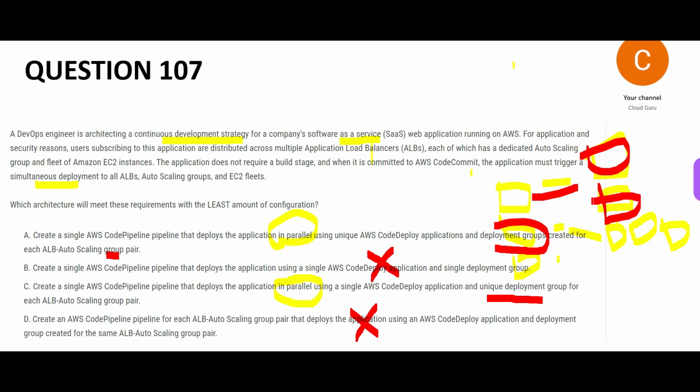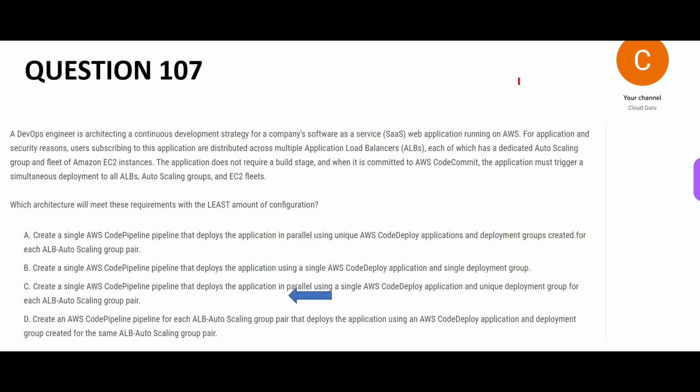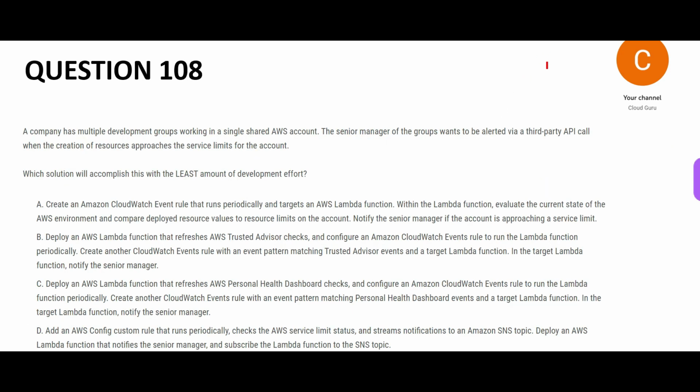You need a unique deployment group for that, because this is a different EC2 group. Now this is a different EC2 group. So that is why A will not work. So C would be our answer. Let us look at the next question now.